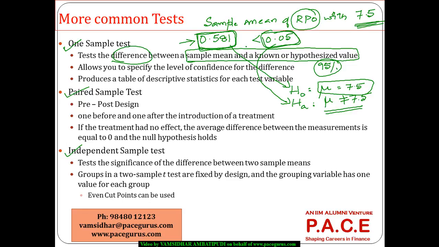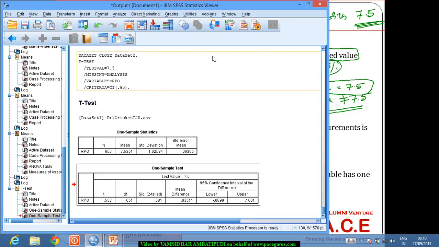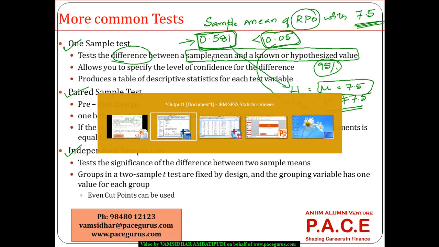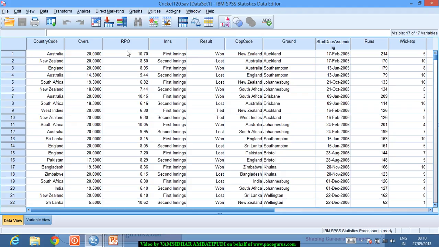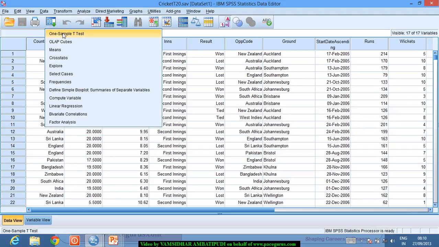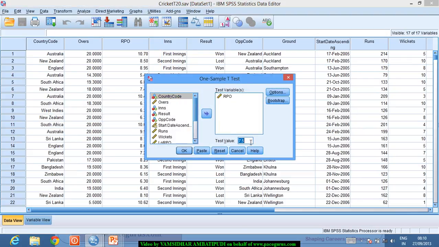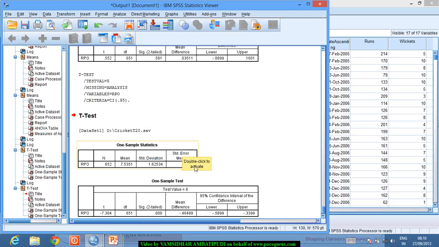Now in the same way, if someone is making a statement of 8 instead of 7.5, just to showcase that, I set the test value to 8, and you see that the significance level is almost close to 0.